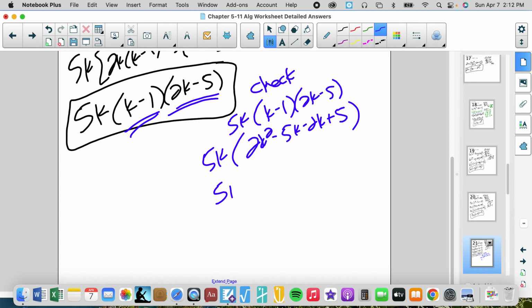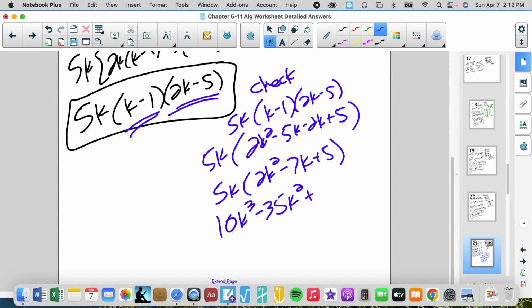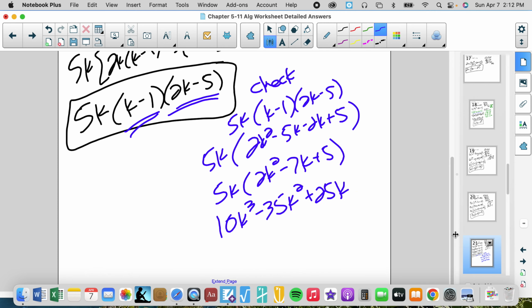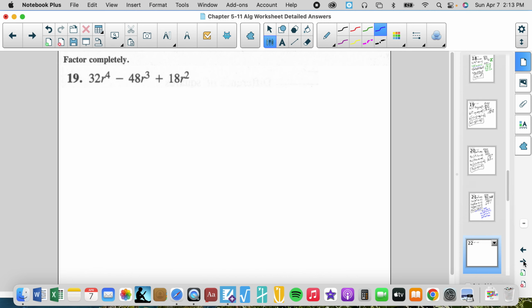We'd simplify inside, 2k squared minus 7k plus 5, and then distribute it out: 10k cubed minus 35k squared plus 25k. And is that my starting problem? Yes, it is, well, in standard form. So that's how we're going to check.